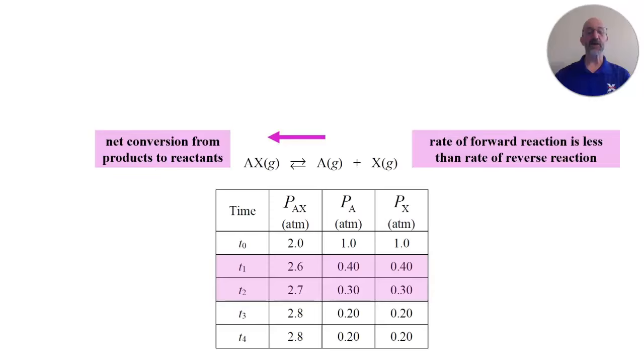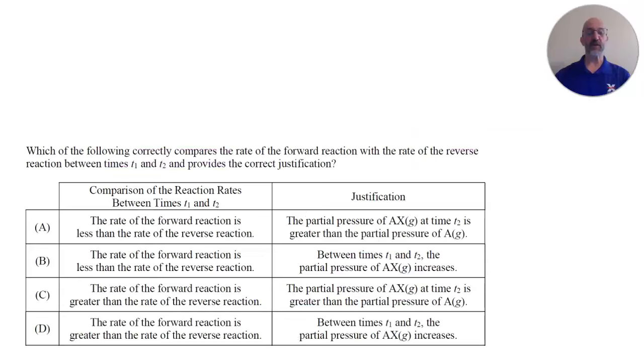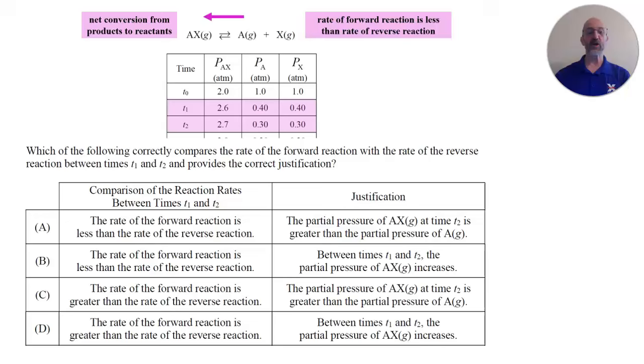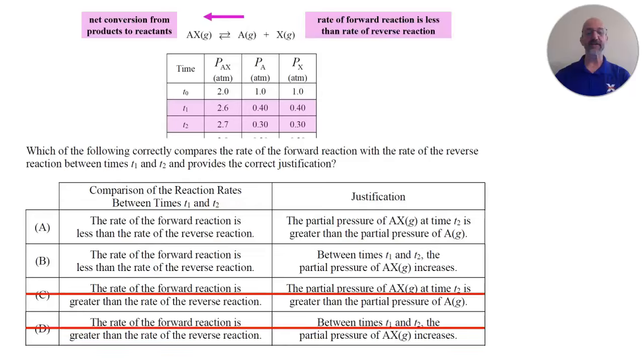Now let's take a look at the 4 choices in question 3. So again, which of the following correctly compares the rate of the forward reaction with the rate of the reverse reaction? It's going to be either choice A or B. So in choices C and D, it says the rate of the forward reaction is greater than the rate of the reverse reaction, so that's incorrect.